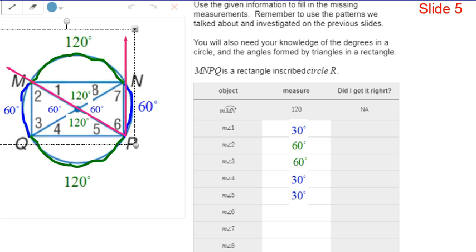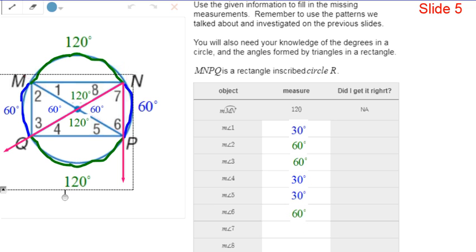For angle 6, again, an intercepted arc that it has, it's 120 degrees. The angle should be half the amount, which would be 60. Angle 7, another inscribed angle, seeing what kind of arc it intercepts. QP right here, 120.